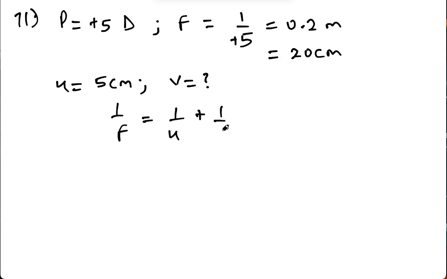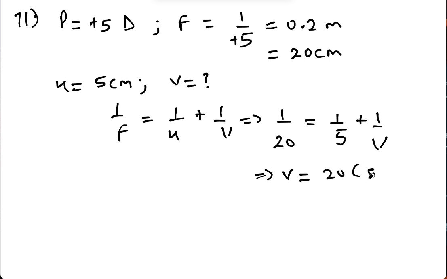This implies that 1 over 20 equals 1 over 5 plus 1 over v.